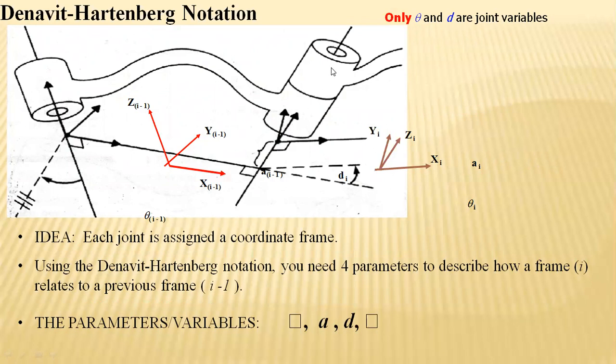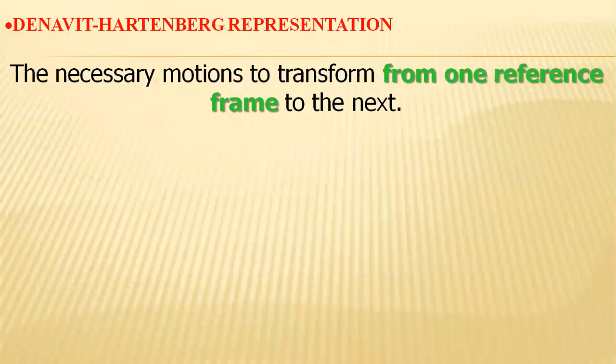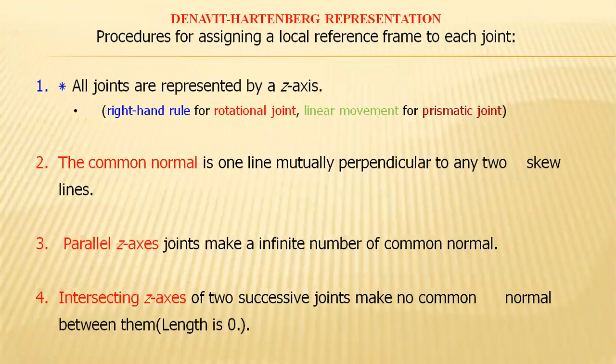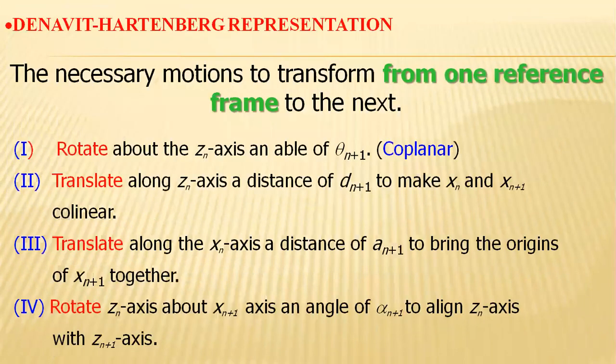The link will be revolving about the fixed axis from this side in the clockwise direction towards this side, so 180 degrees or 120 degrees, it will be like this. And the z-axis will be the common approach. That's what the point clearly specifies: parallel z-axis joints make an infinite number of common normals because the value will not be changed due to the fixed axis. Right? That's the meaning.